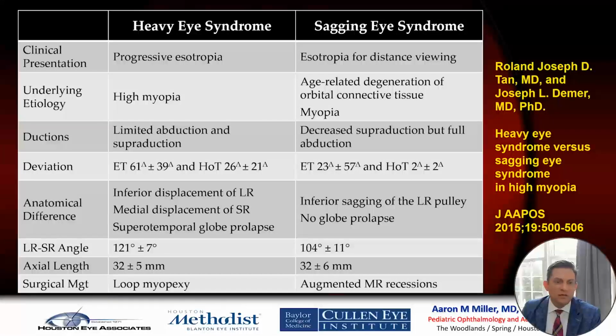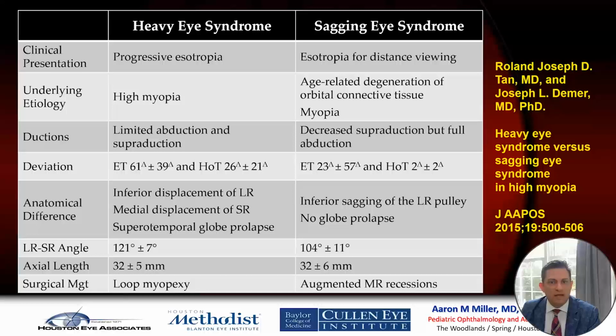If we look at heavy eye syndrome and sagging eye syndrome, heavy eye is what we've considered a myopic strabismus, and sagging eye is considered a type of divergence insufficiency type esotropia that we see in adults. This table is from Joe Demer's paper in 2015.